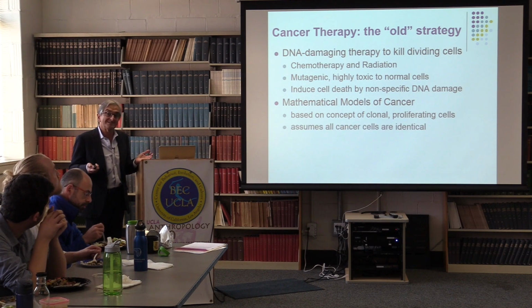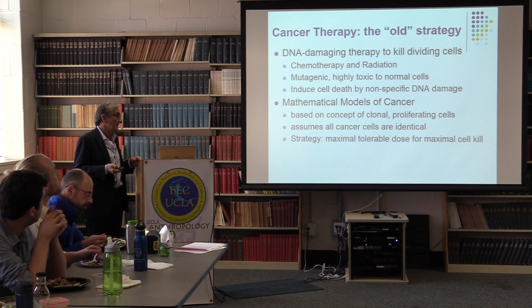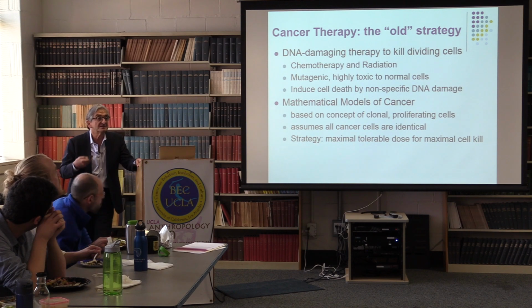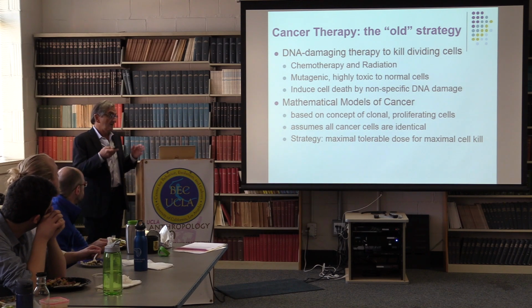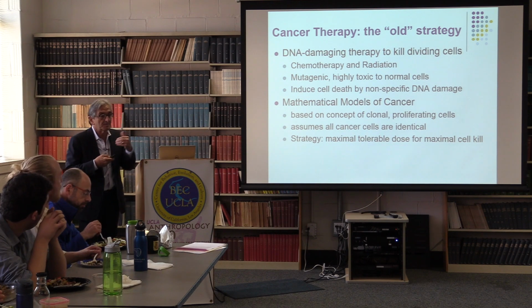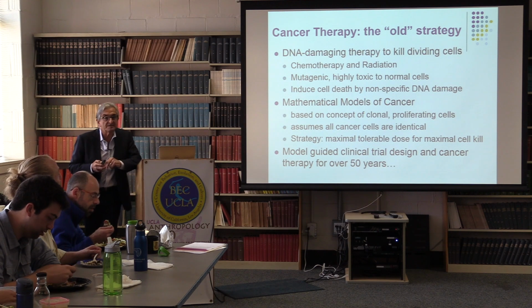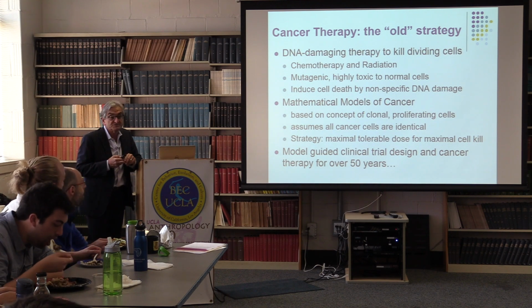It assumes they're all identical. And the strategy is let's give as much of these toxic drugs as we can to kill as many cells as we can, but not so much that we're going to kill the host. Let's just take it up to the maximal tolerated dose. And this is the model that's guided therapy now for almost 50 years.